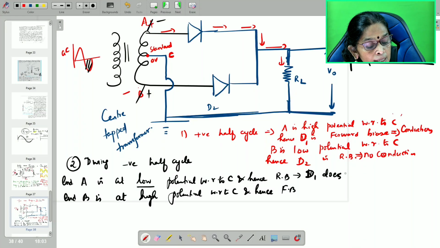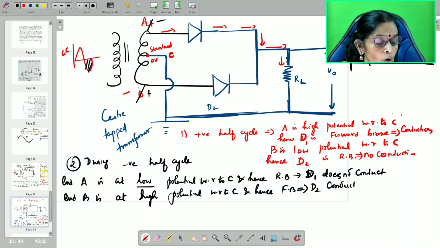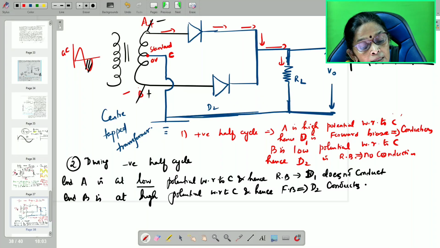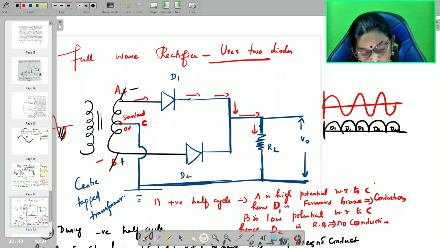Whereas here D2 conducts. So at the same time, both D1 and D2 are working, one in forward bias as well as the other in reverse bias. So therefore, you get an output due to D2. Due to D1 it conducts, due to D2 it conducts, due to D1 it conducts. So in both the cases, this is output, this is input.